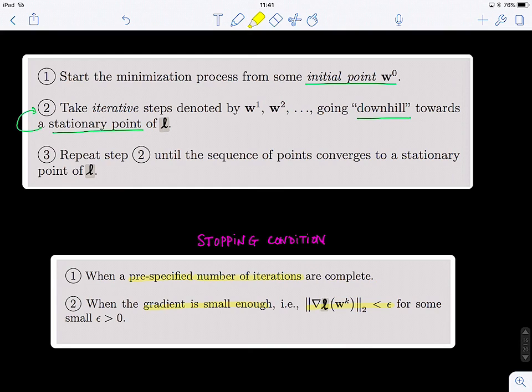The first one is problematic because, depending on the length of the step you're taking, you might spend your lifetime trying to go to your minimum, but never reach it, okay? So fixing the number of iterations is not a good strategy. The second one is the best one, for now.